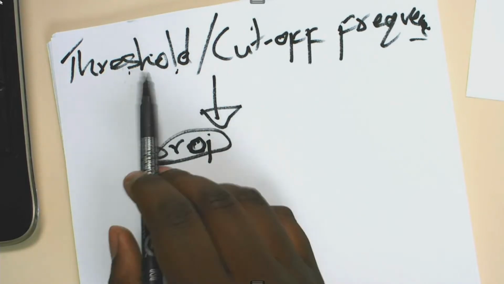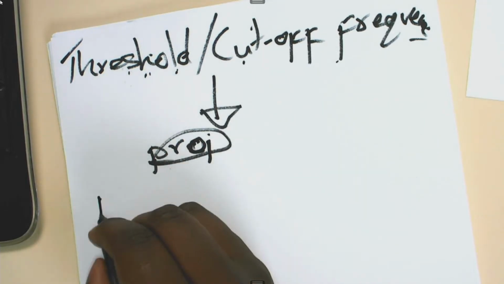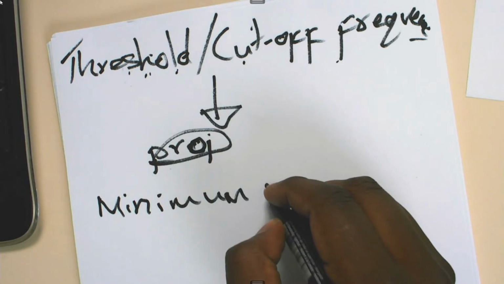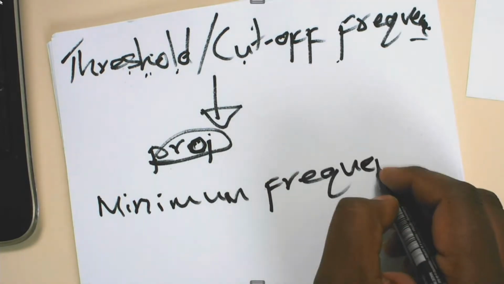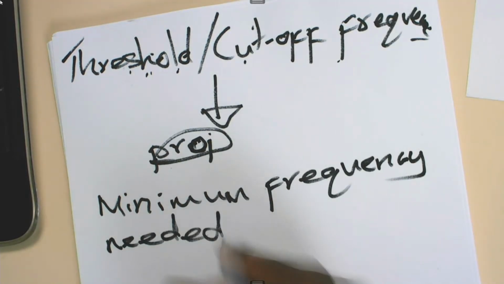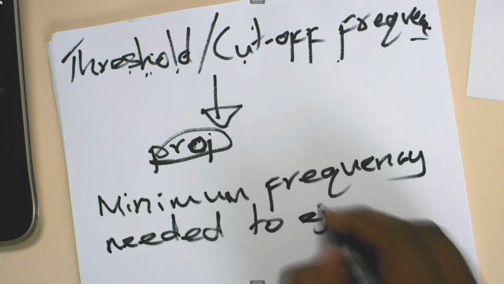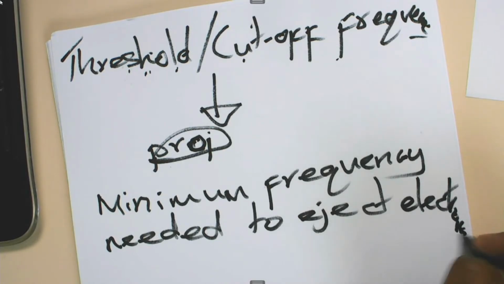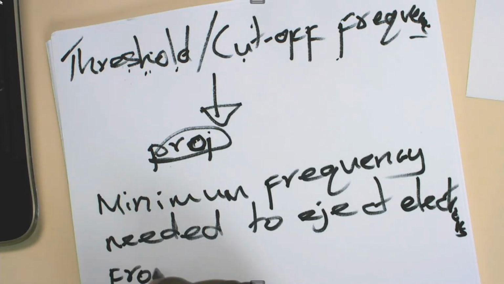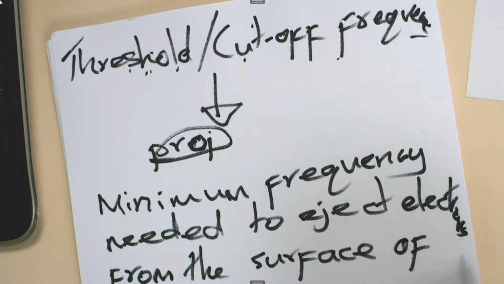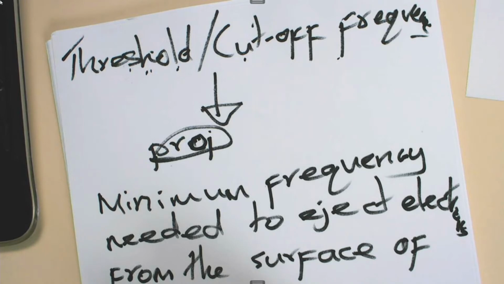Each metal has its own cutoff frequency, which is the minimum frequency needed to eject electrons from the surface of the metal.